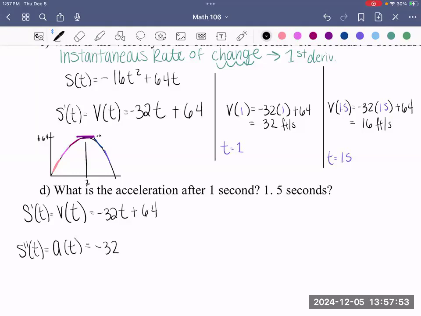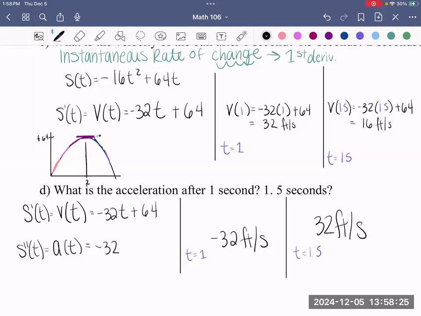So even at a time of 1, we're still going to be at negative 32 feet per second. And why is it negative? Well, after the initial launch, all of these factors come into play, so your acceleration should start to decrease over time. At 1.5 seconds, you're still at negative 32 feet per second.